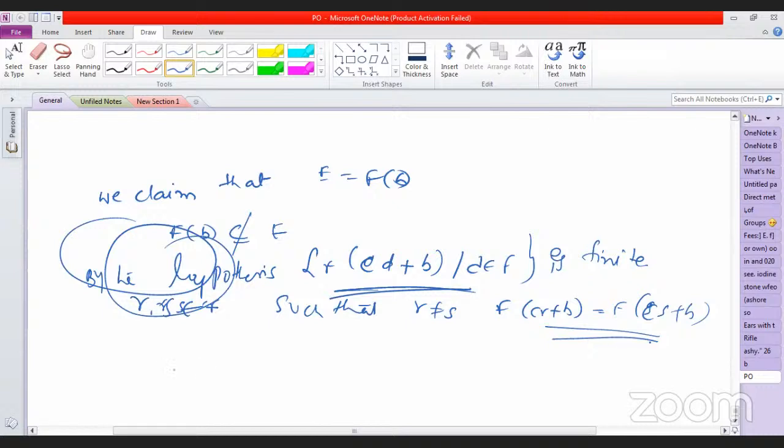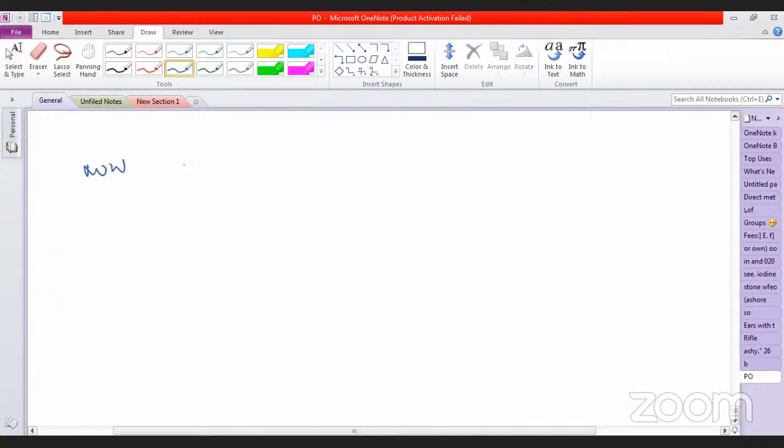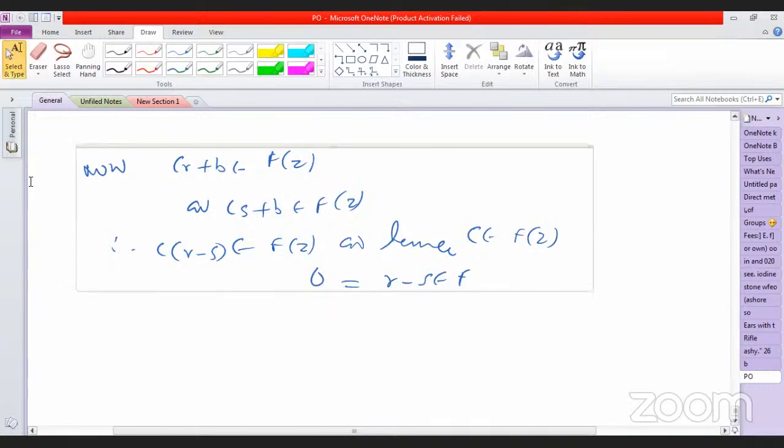So therefore Z is equal to CR plus B. Now CR plus B belongs to F of Z and CS plus B belongs to F of Z. So therefore C(R minus S) belongs to F of Z. And hence from the above condition, C belongs to F of Z. So therefore 0 is equal to, or not equal to, R minus S belongs to? Not equal to. Very good.